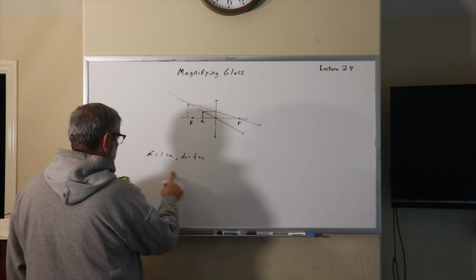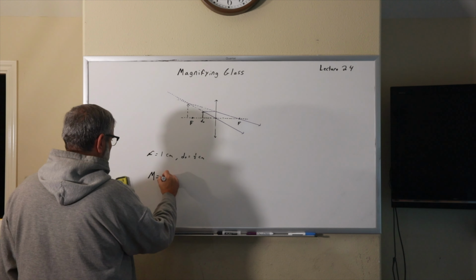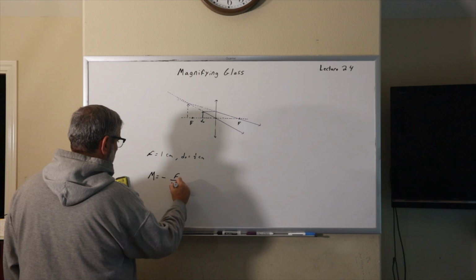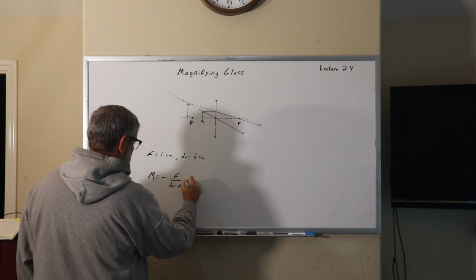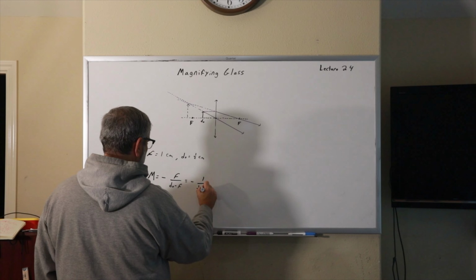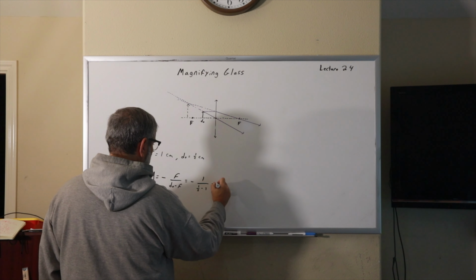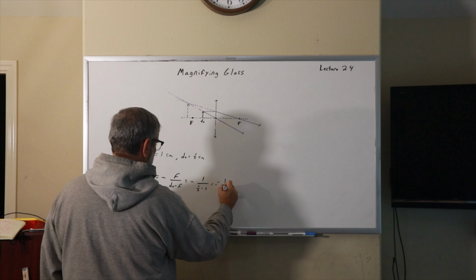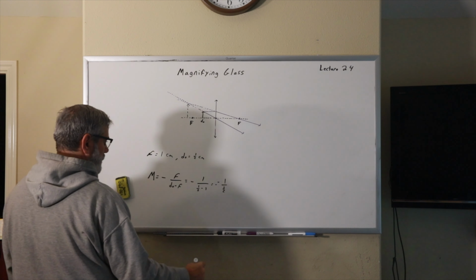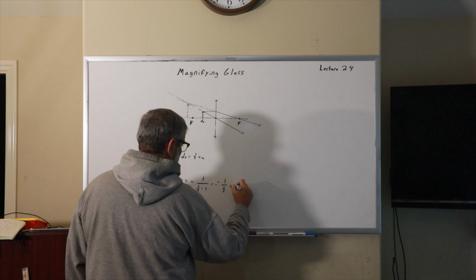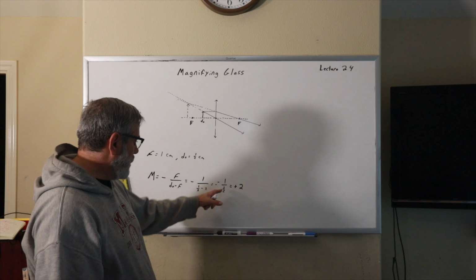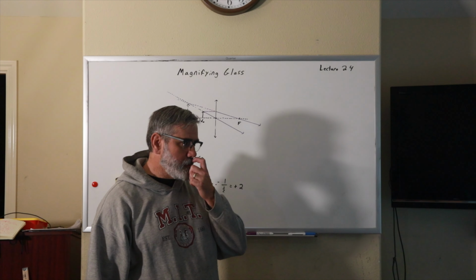From the previous lesson, we found that the magnification would be equal to the negative of the focal length divided by D sub O minus the focal length. Well, that's going to be equal to minus 1 over 1/2 minus 1, which is minus 1 over minus 1/2, which is equal to plus 2, because dividing by a fraction is the same thing as multiplying by its reciprocal.